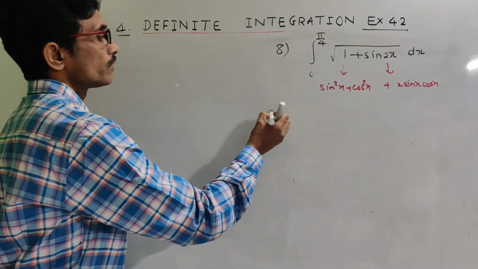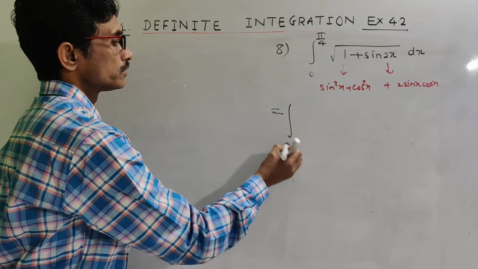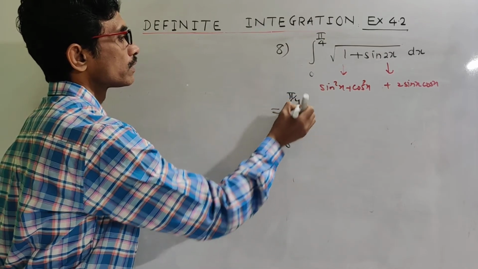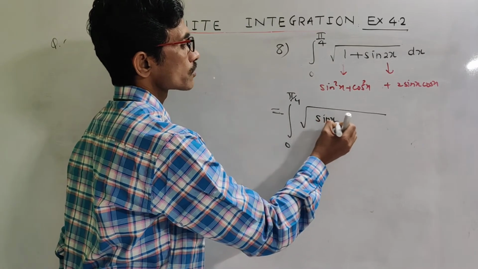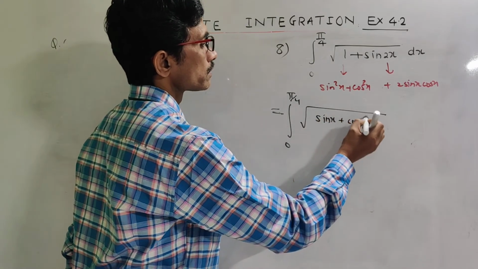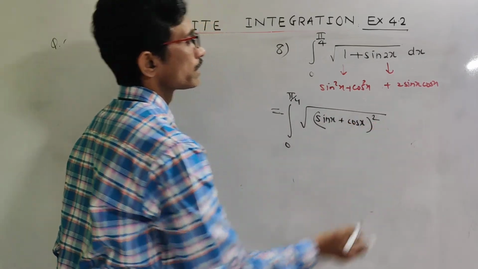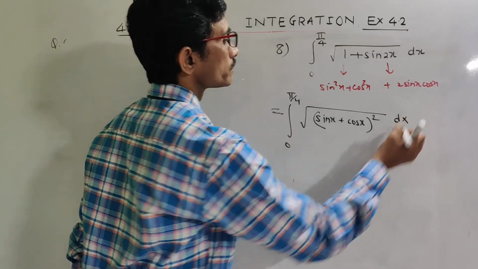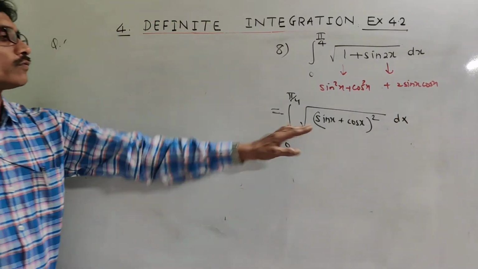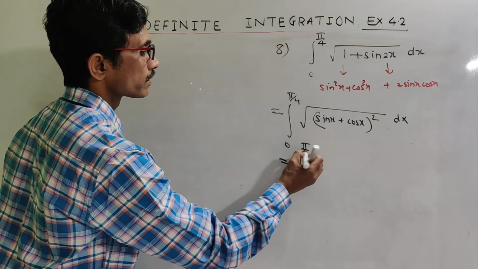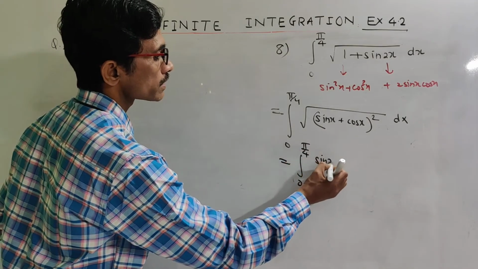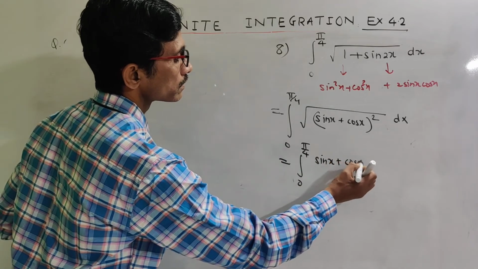So the integral will become 0 to pi by 4 square root of (sine x plus cos x) whole square dx. Now the square root will be removed here. It is integral 0 to pi by 4 of sin x plus cos x dx.